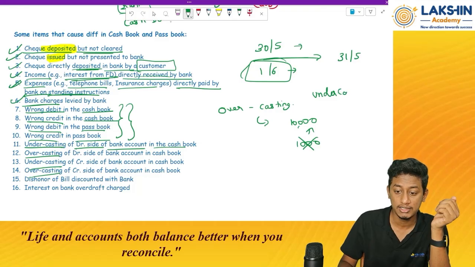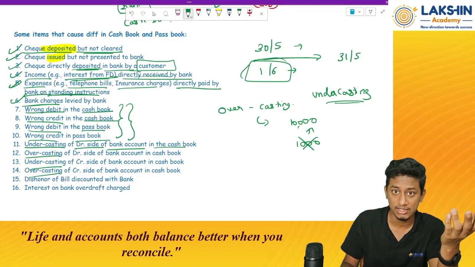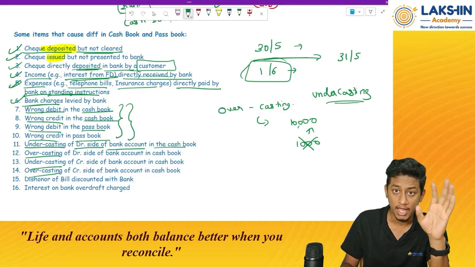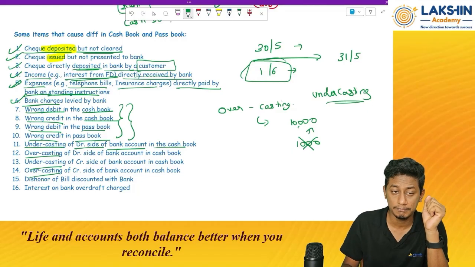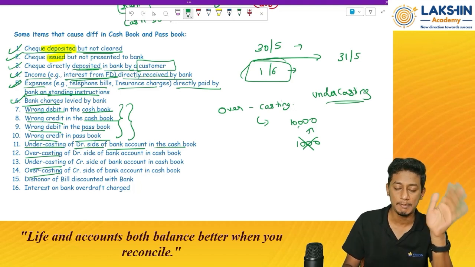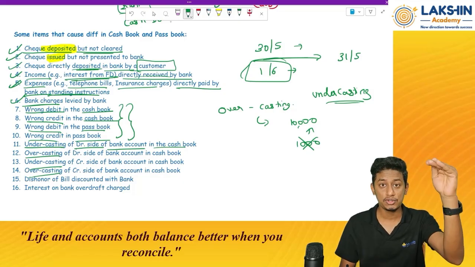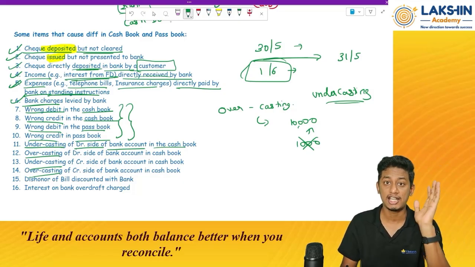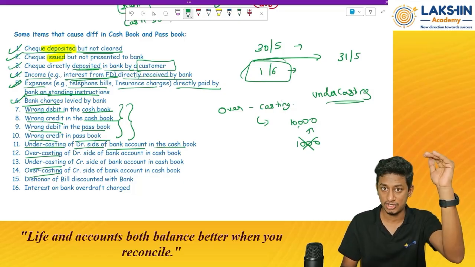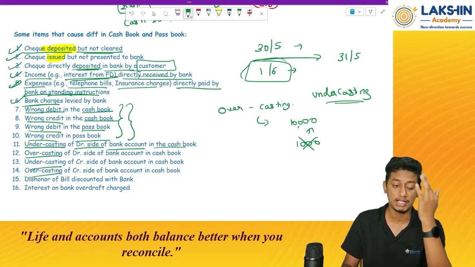Instead of writing 10,000, let's say I wrote 5,000 rupees. 5,000 rupees less has been recorded in the cash book or the passbook, be it a cash book or passbook. So this is called undercasting. Writing the amounts lesser than the actual amounts. Actually it should have been 10,000 rupees, but by mistake I wrote 5,000 rupees.